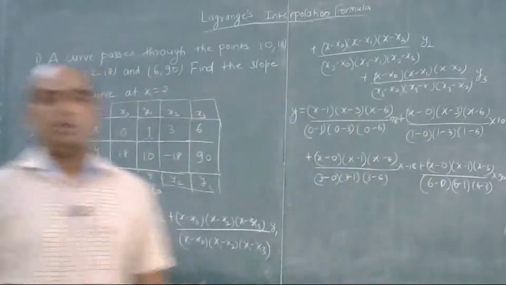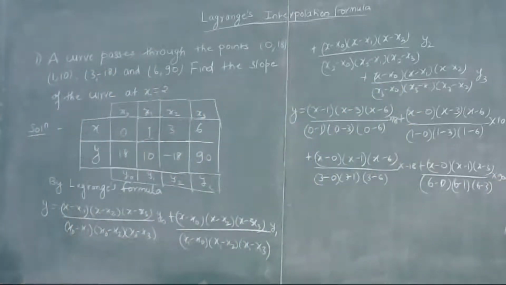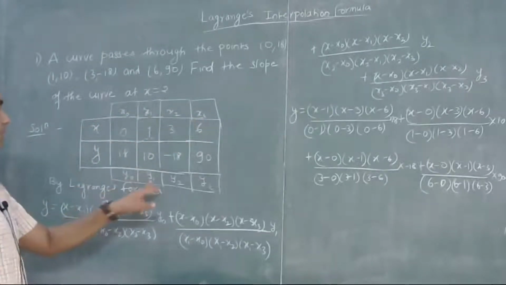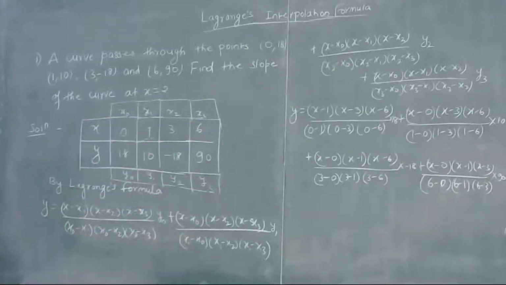So the second step is to substitute the values of x0, x1, x2, x3, y0, y1, y2, y3 in the given formula.